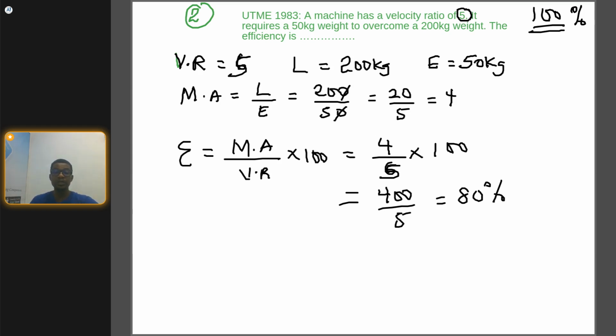Okay, so that's the way you're going to know whether you are right or not. When you are solving for the efficiency, your answer should be within the range of 1% to 99%, because no machine can attain 100% because of the presence of frictional force.